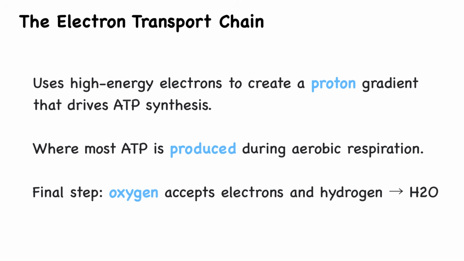The electron transport chain uses high-energy electrons to create a proton gradient that drives ATP synthesis. This is where most ATP is produced during aerobic respiration. In the final step, oxygen accepts electrons and hydrogen to make water.